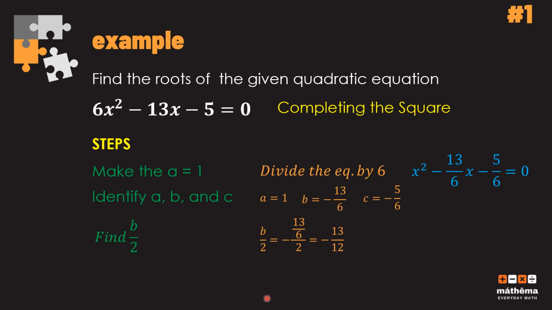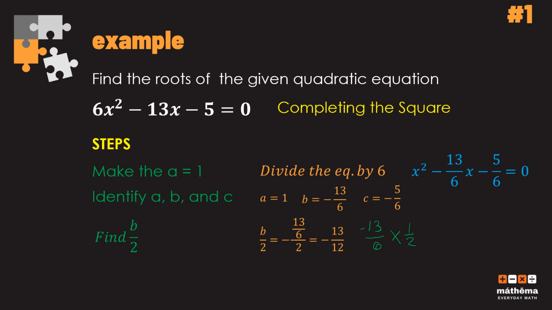Alright? So why is it equal to negative 13 over 12? Remember, when you divide fractions, you get the reciprocal of the divisor, and then proceed to multiplication. So this is just 1 over 2, and then again, we have negative 13 over 12.